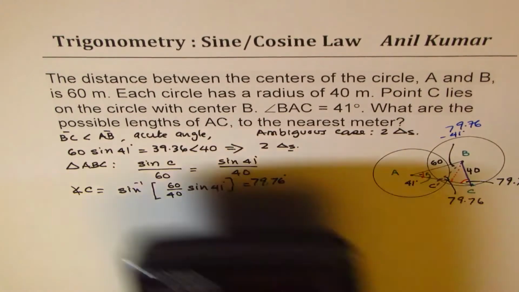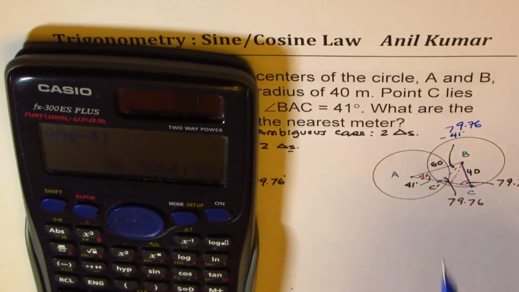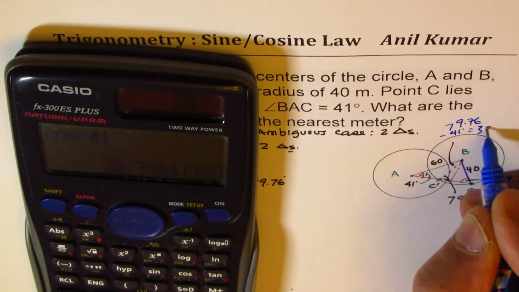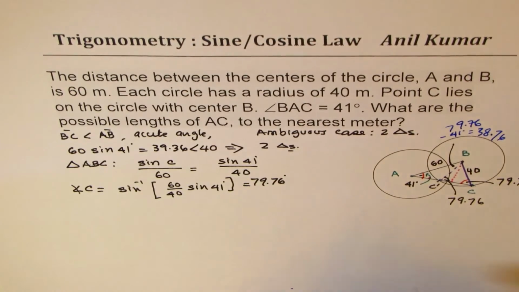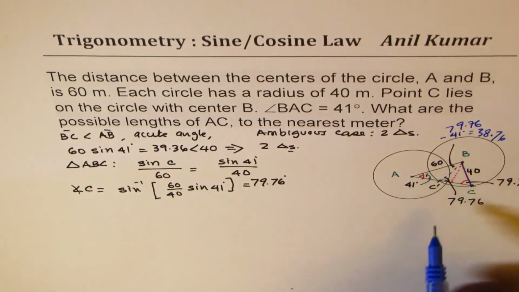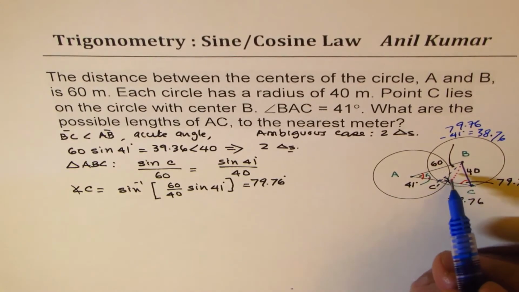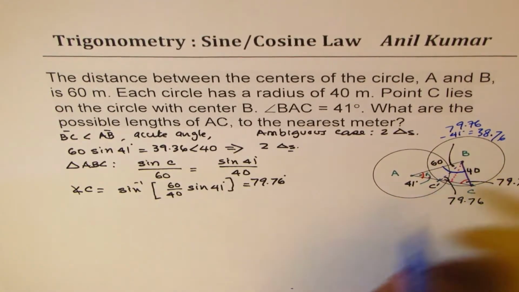So that is going to be, let's take away 41, is going to be 38.76. Okay. So we just worked that out also. Anyway, so that's a smaller angle. But first let's find the bigger angle. I mean this angle, which is angle B, right?